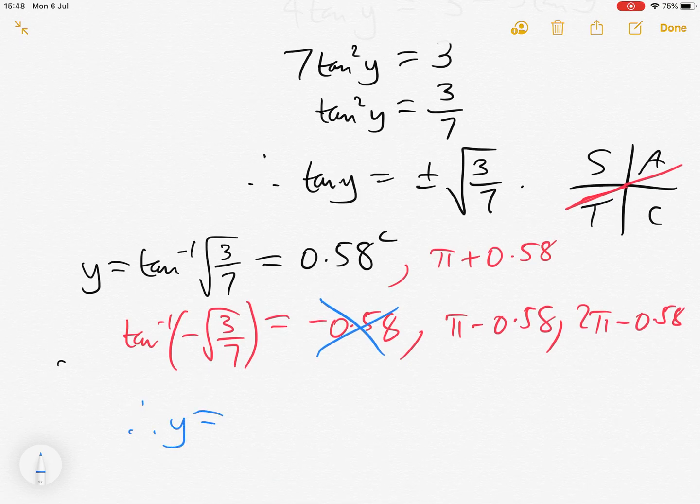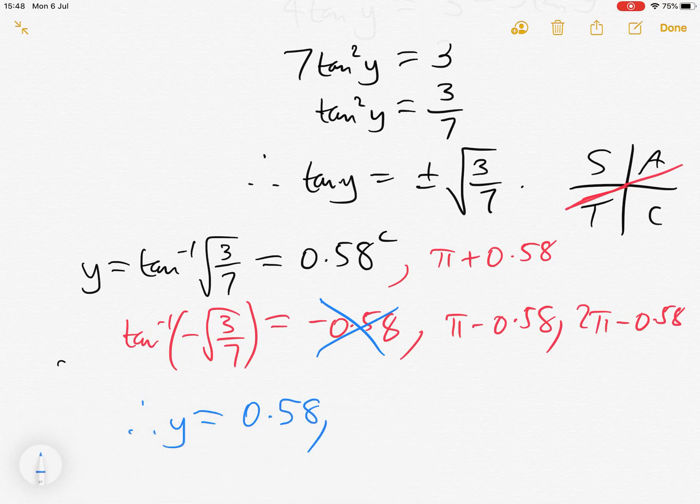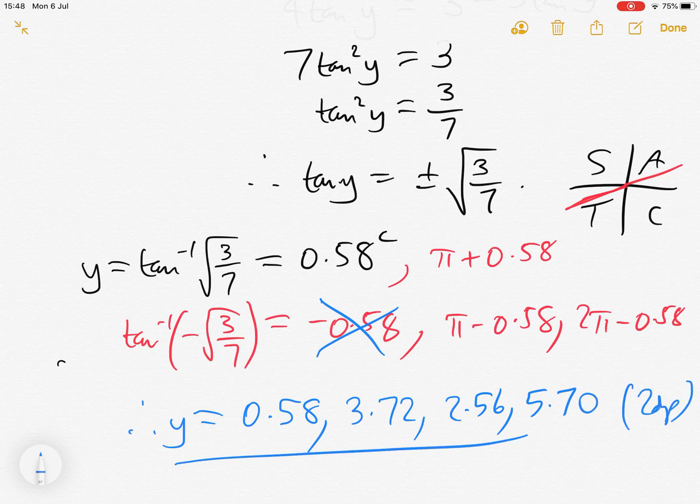So therefore, all the values of y are 0.58, pi plus 0.58, which is 3.72, pi minus 0.58, which is 2.56, and 2 pi minus 0.58, which is 5.70, all correct to 2 decimal places.